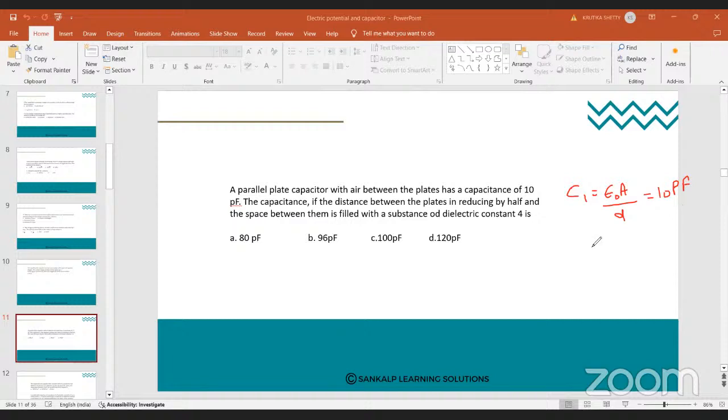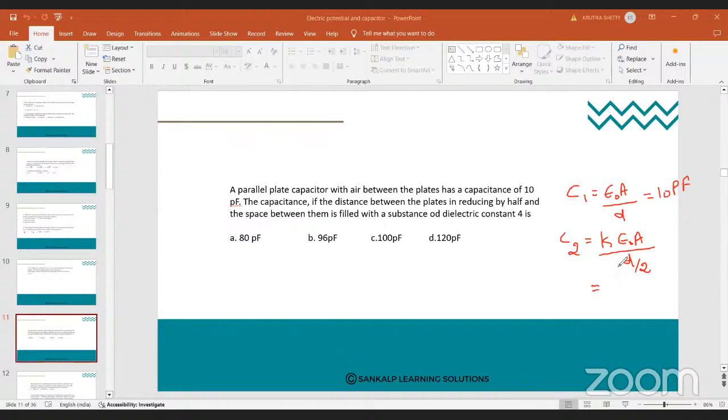I'll take C2 as the formula. So C2 is what, when you have the dielectric constant K? The formula becomes K into epsilon naught into A divided by D, but the distance is reduced by half, therefore it becomes D divided by 2.